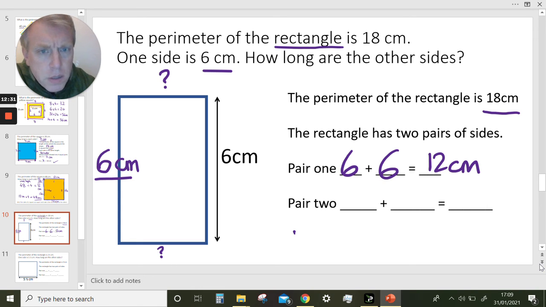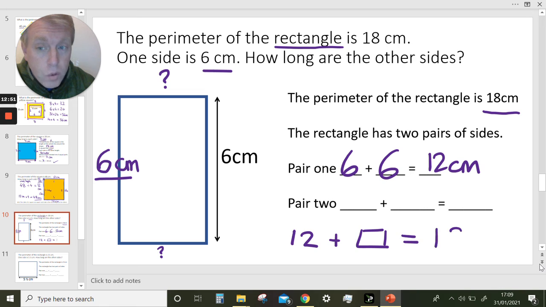Well, hold on. The whole perimeter is 18. So far, we know that the first pair is 12, and the second pair we don't know.